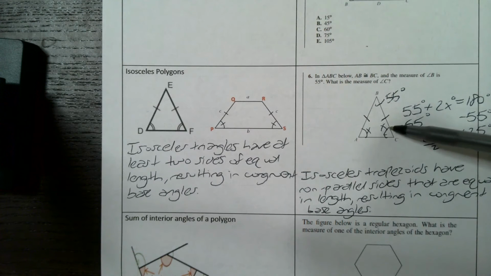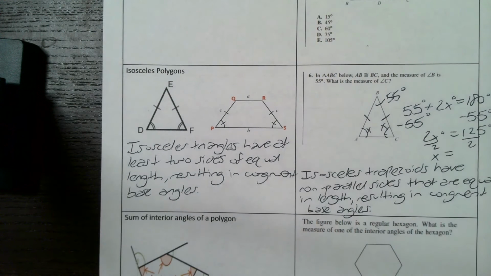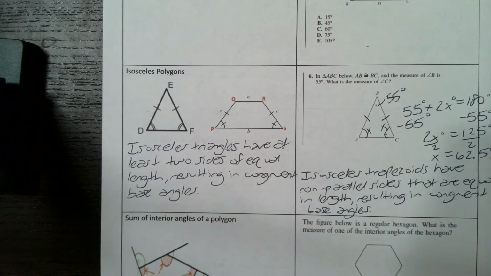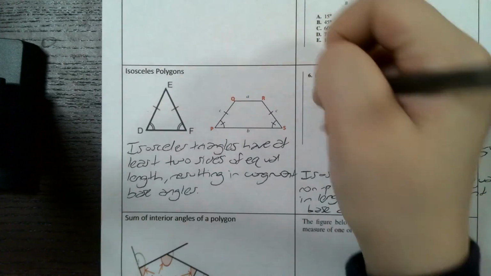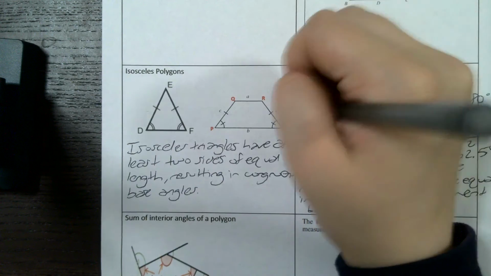I divide by 2 on both sides. Remember, I'm looking for my x, the measure of my angle C here. I call that x. So x is going to equal 125 divided by 2, and that is going to get me 62.5 degrees. So here my measure of angle C is going to be 62.5 degrees.